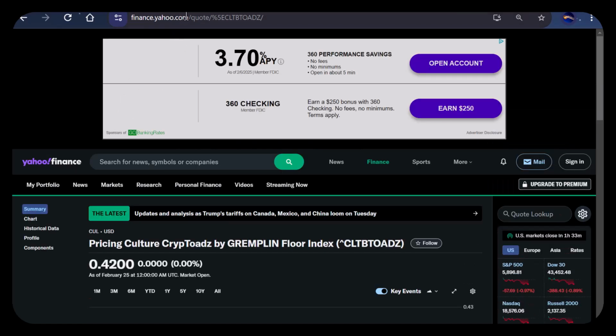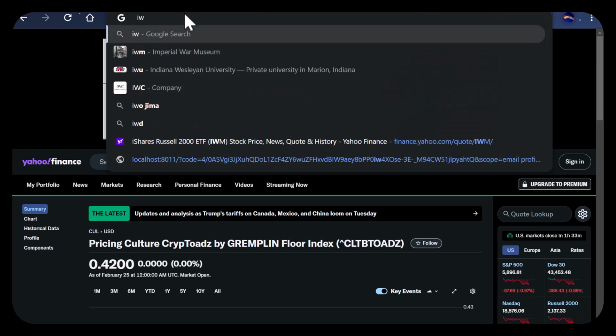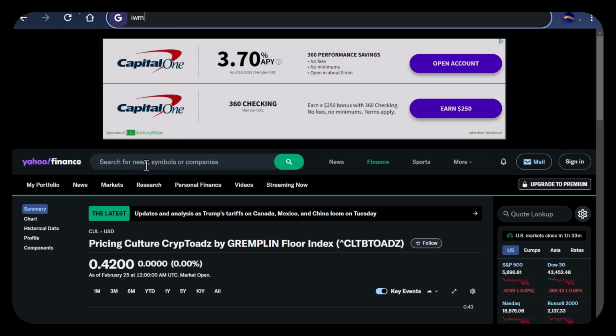I couldn't find it, but or we could look at IW. I'm looking at the wrong place.